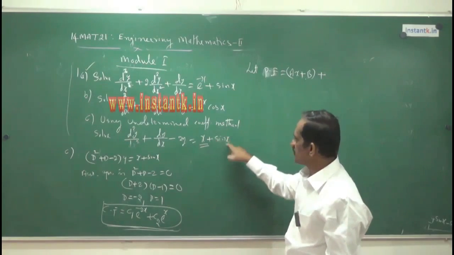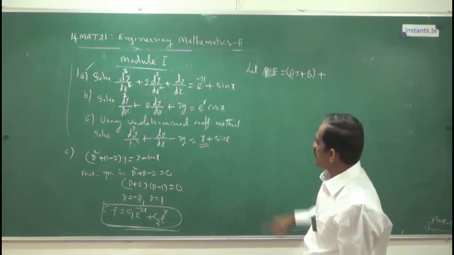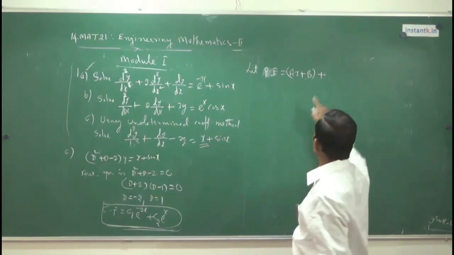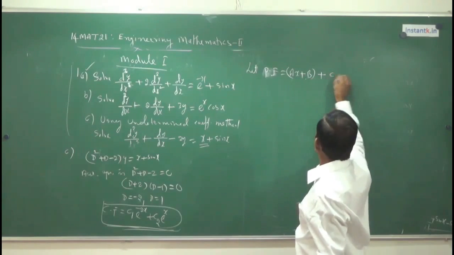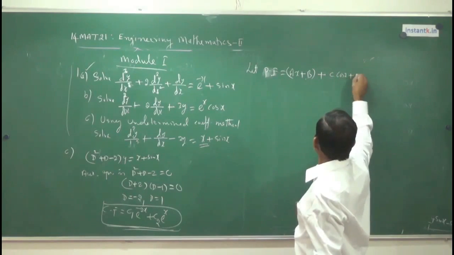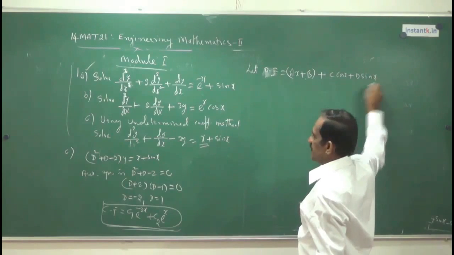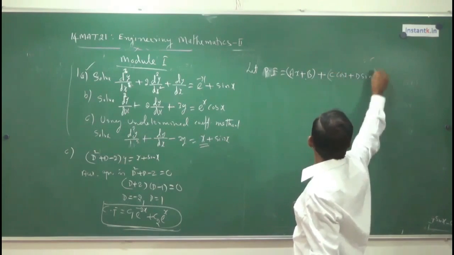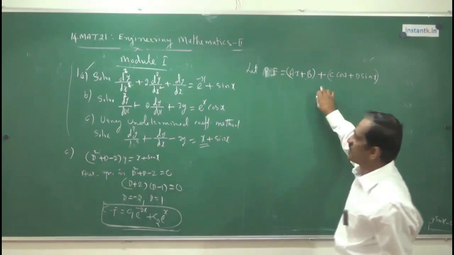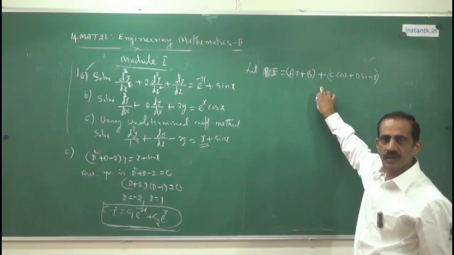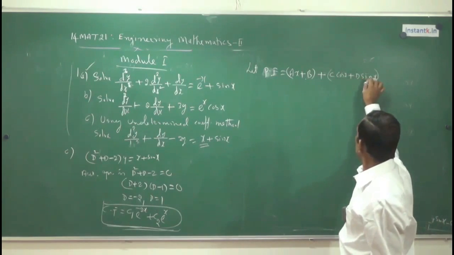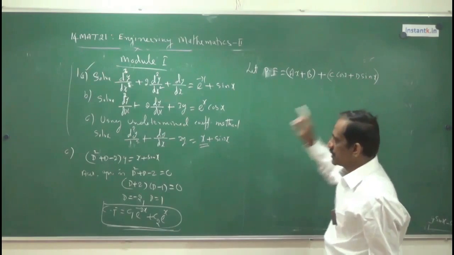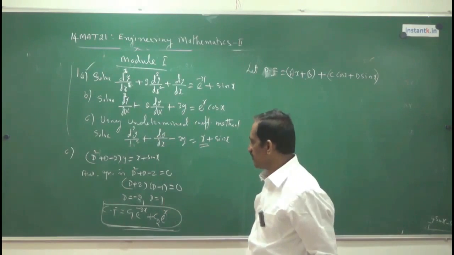Plus, for the sin x, two constants are required. So a, b written, let it be c into cos x plus d into sin x. It may be sin x or cos x. This is the assumption. Then you have to check whether your assumption is correct or not. How to check? See whether these functions appear in the complementary function.